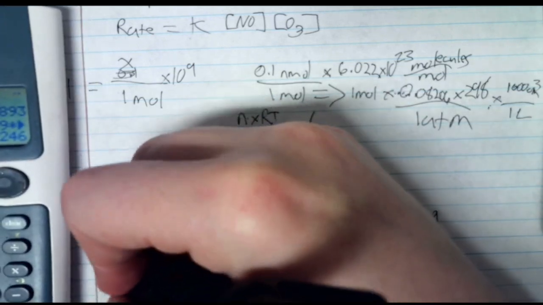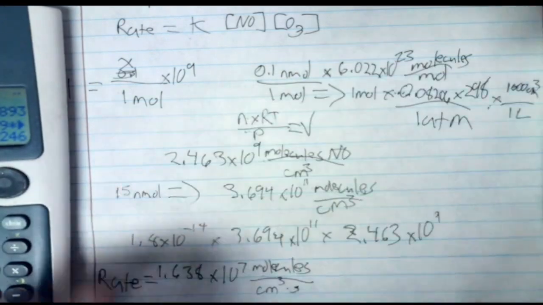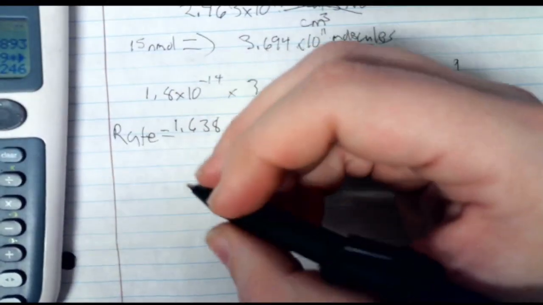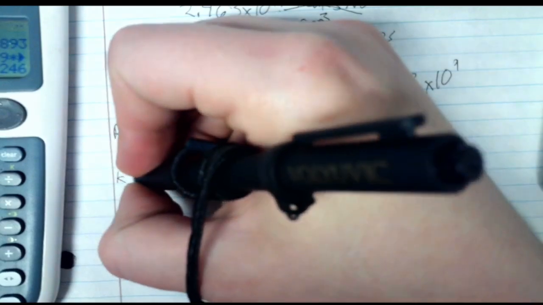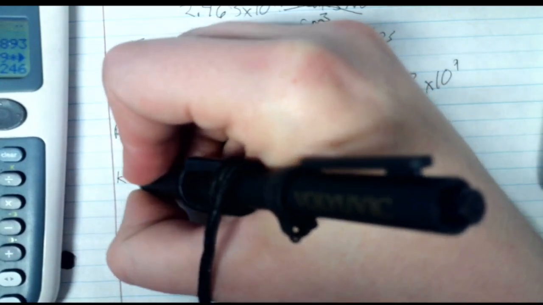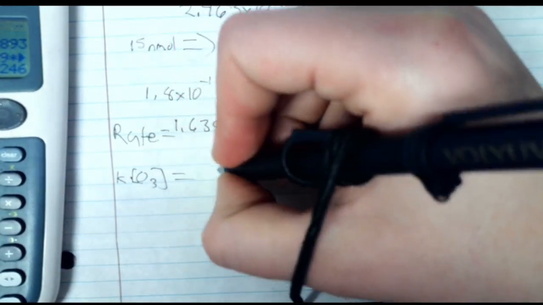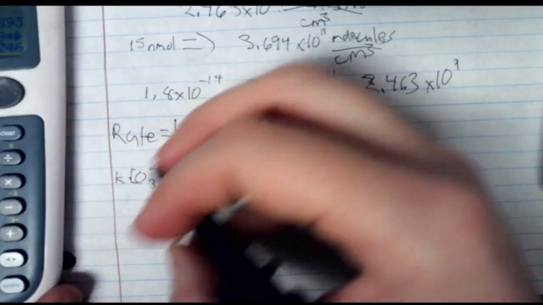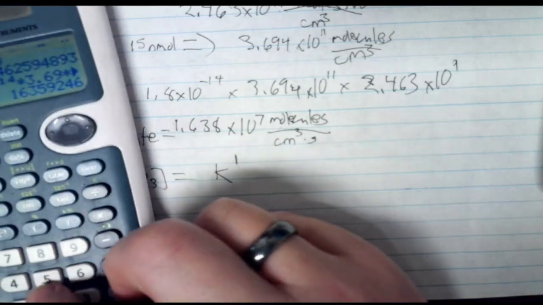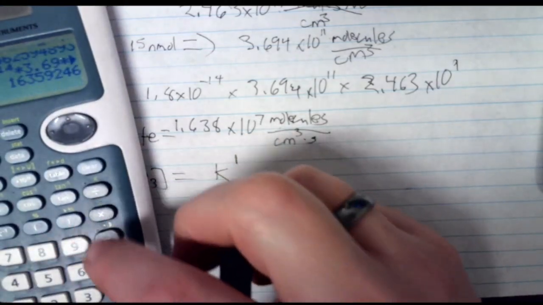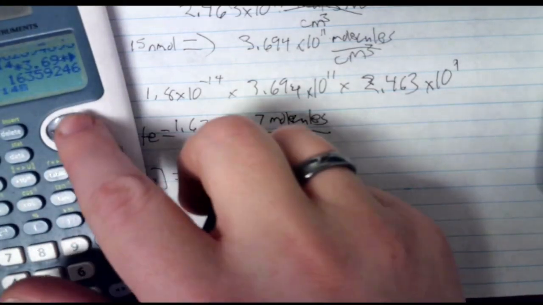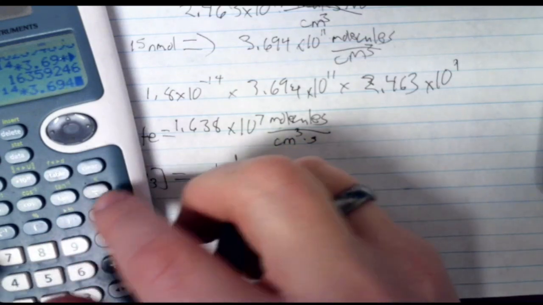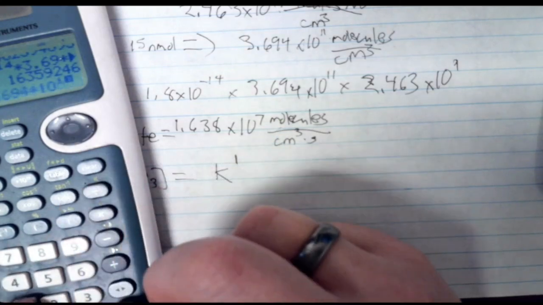That's my rate. Now, a pseudo first order says, if ozone is in much greater concentration, K times ozone is more or less constant, and you'll make a new K prime constant. To do that, you multiply the K constant, 1.8 times 10 to the negative 14th, by my ozone, which is 3.694 times 10 to the 11th.